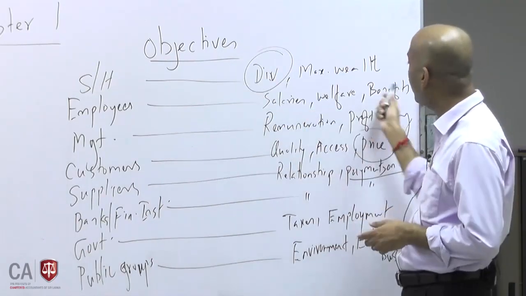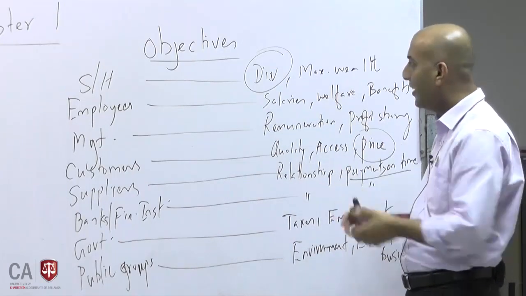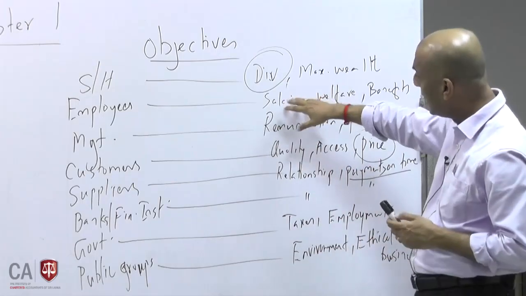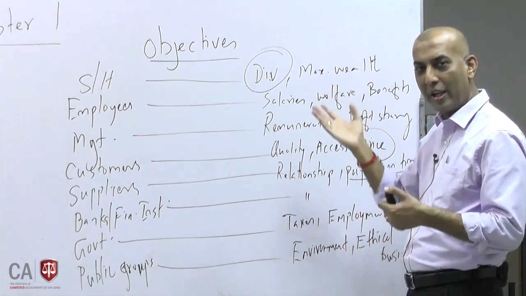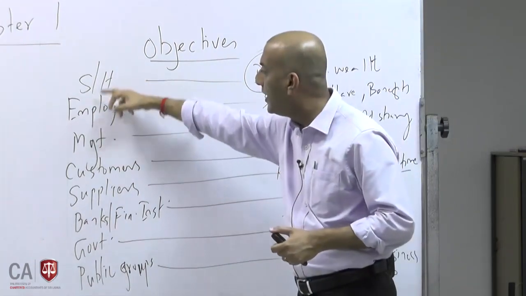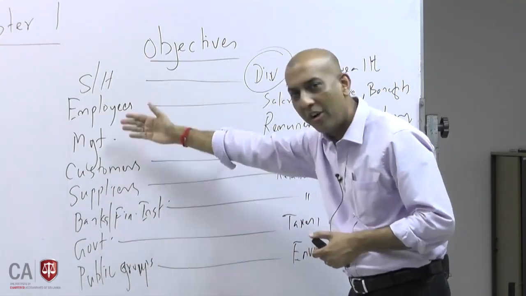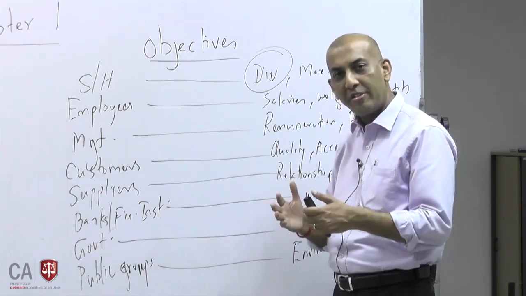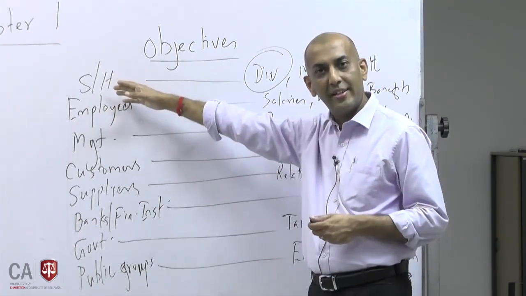But employees want all this. So when you go to give employees everything, they will be happy, but shareholders may not be happy. So what is happening? There is a conflict between these two objectives. Similarly, you take any of these people, their objectives are not in the same direction where the shareholders are concerned. Right?